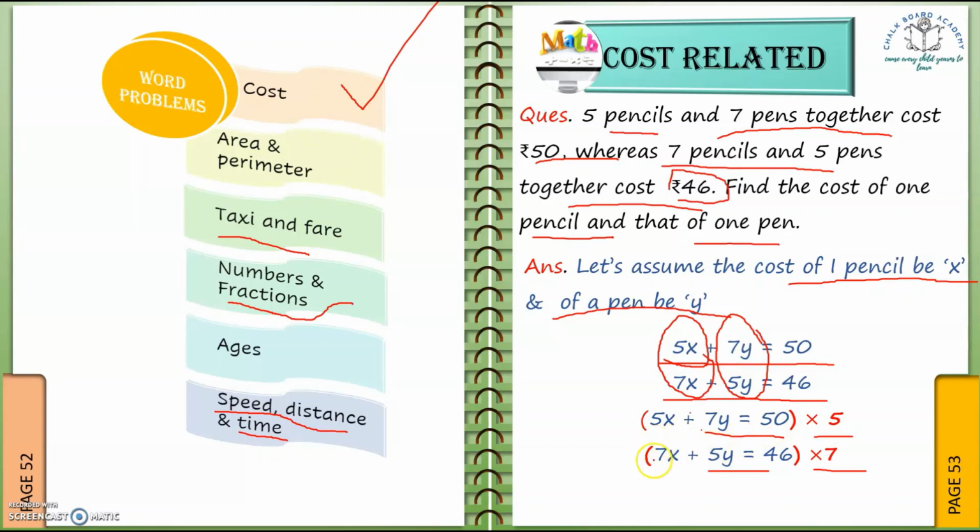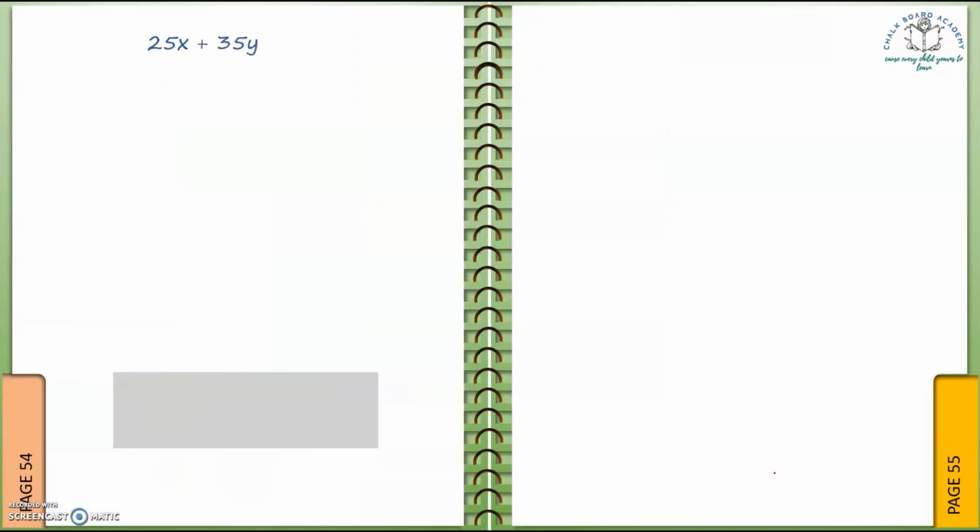And similarly here, 7 multiplied by 7 is 49, then 5 multiplied by 7 is 35, and then 46 multiplied by 7. So here we got these two equations, and in these two equations we get this 35y and 35y, they are equal, so they will be eliminated. For elimination, first we change the sign.